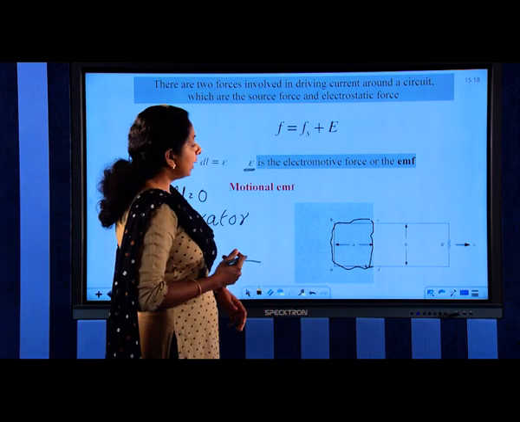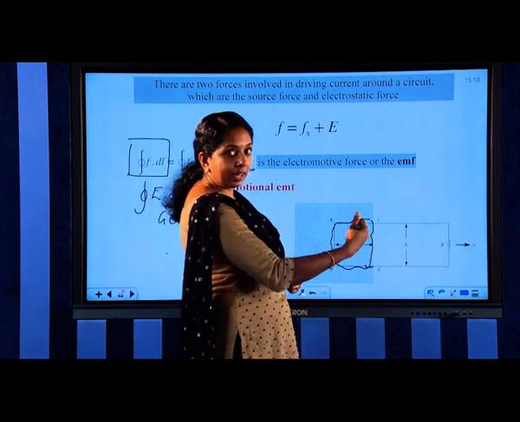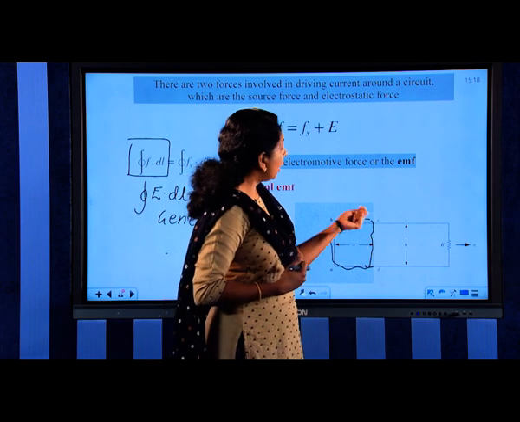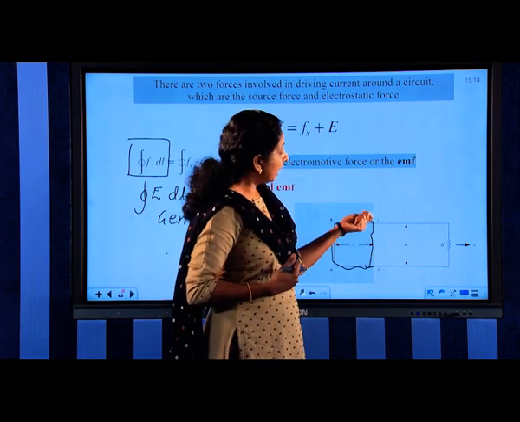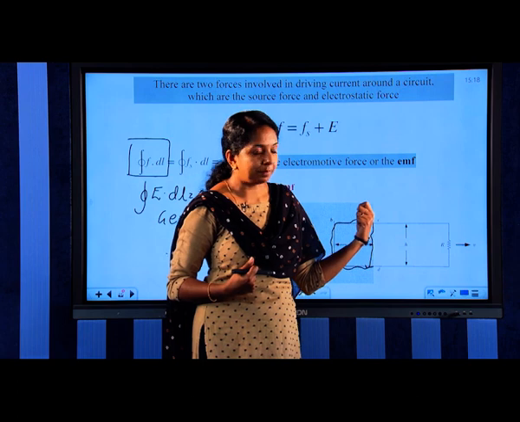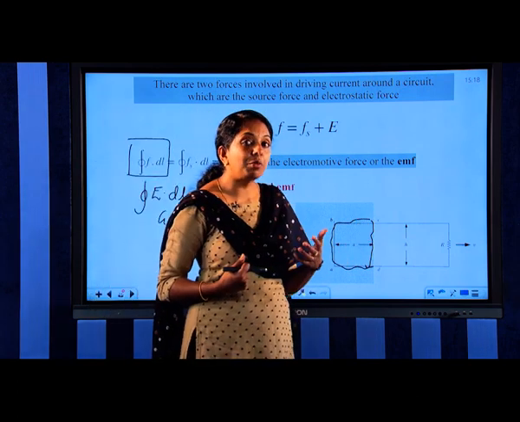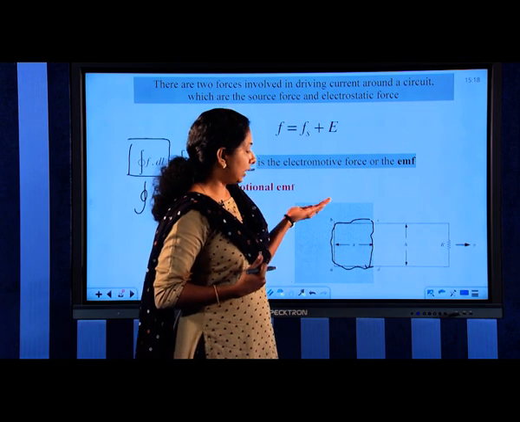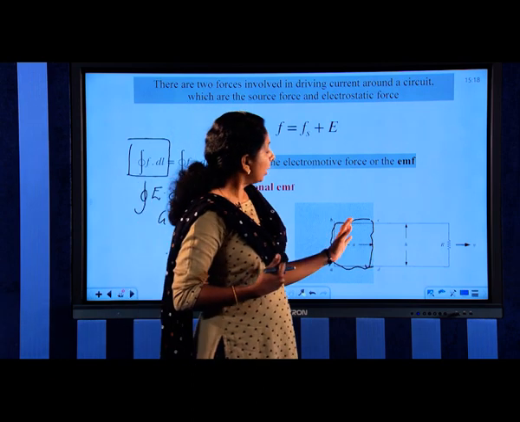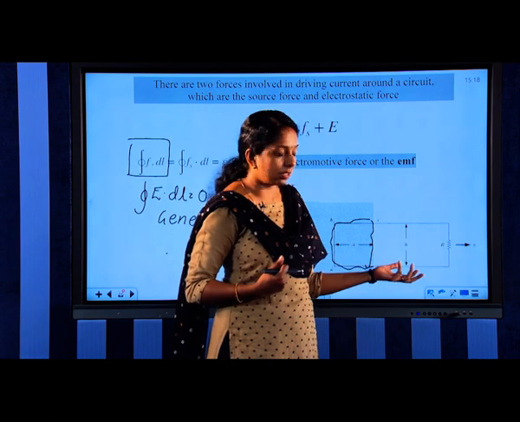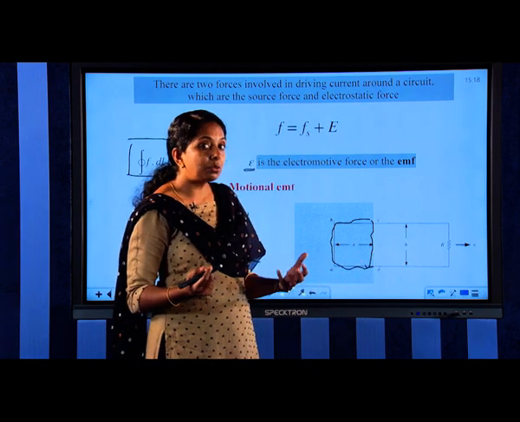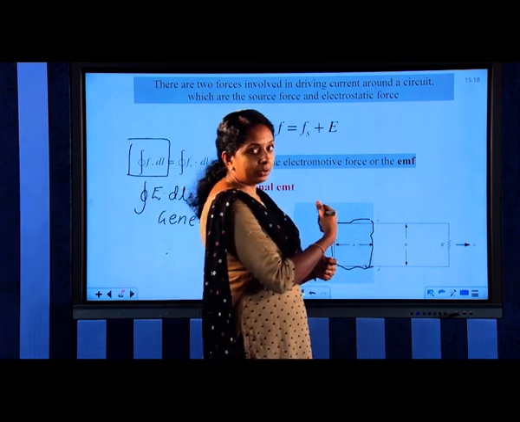We can see that an EMF is generated and a current is flowing. In order to describe this, we have to find what kind of force is acting to move the charges, because here we have not connected this loop to any source. So the driving source is generated when we move the wire to the right.